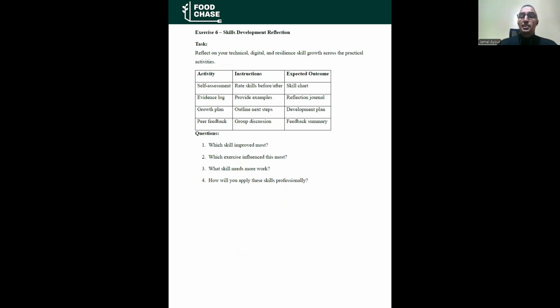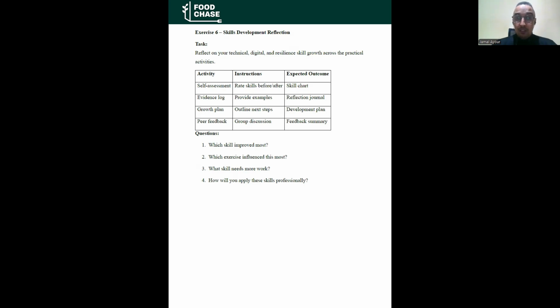For the last exercise, regarding skills development and reflection on risk management and crisis adaptation for food systems, the objective is to reflect on your technical, digital, and resilience skills gained across the practical activities, with application of this table of activity, instruction, and expected outcome.